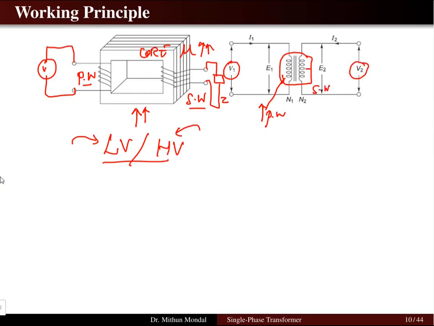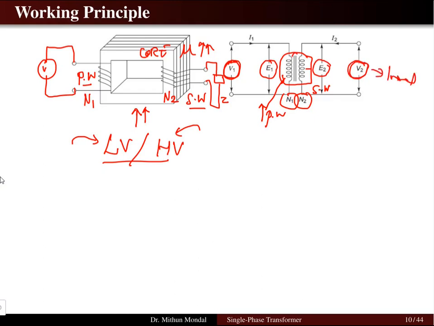The primary coil can have N1 number of turns. The secondary coil can have N2 number of turns. And due to the supply voltage V1, there will be induced EMF E1 in the primary winding and the induced EMF E2 in the secondary winding, and this will produce the voltage V2 across the load condition.